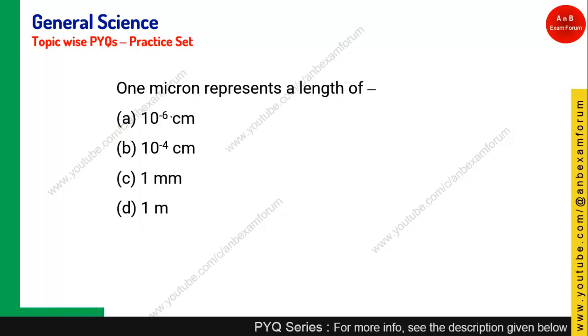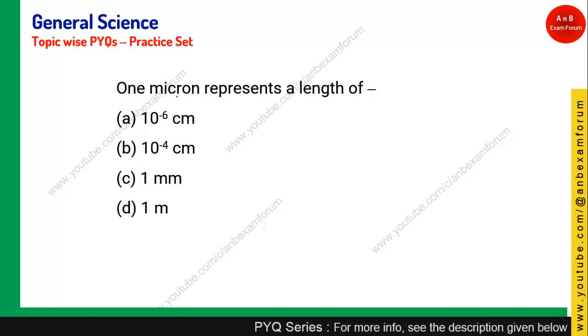1 micron represents the length of what? Okay, so in the very first question we have seen this micron, and 1 micron is basically what? 10 power minus 6 meter. Don't get confused here, the units are in centimeters. So you should not answer 10 power minus 6. Okay, it is not 10 power minus 6 centimeter.